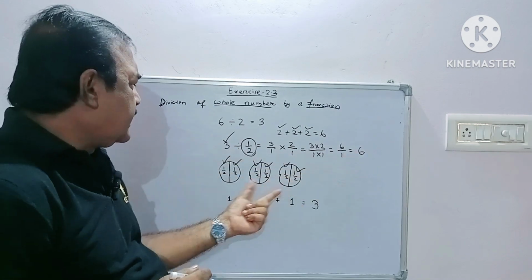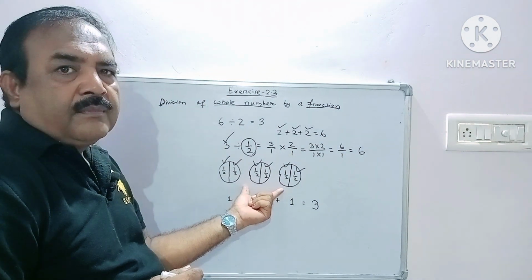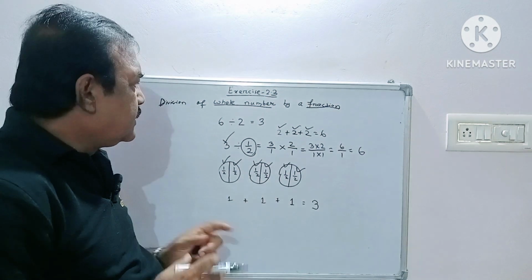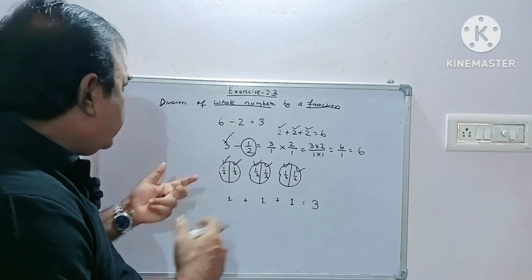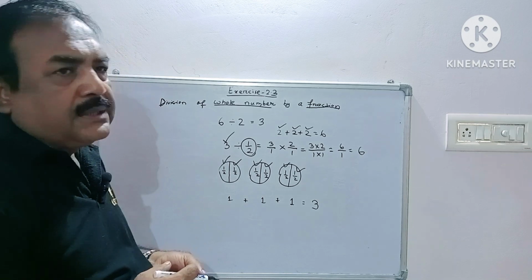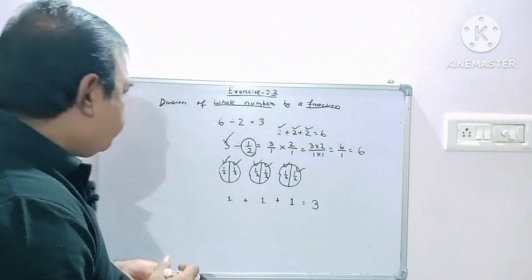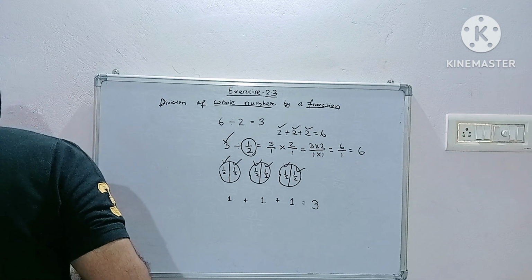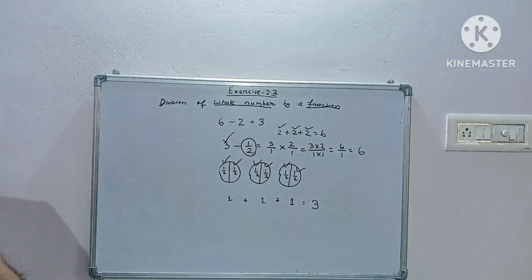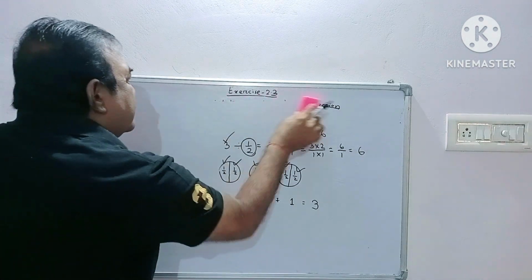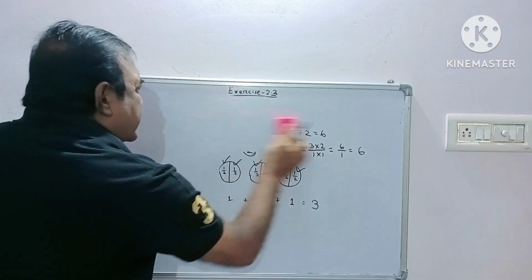Now the number is 6, and you see from the pictures. So based on this, we will do the problems of this exercise 2.3. So let us move to the exercise questions.